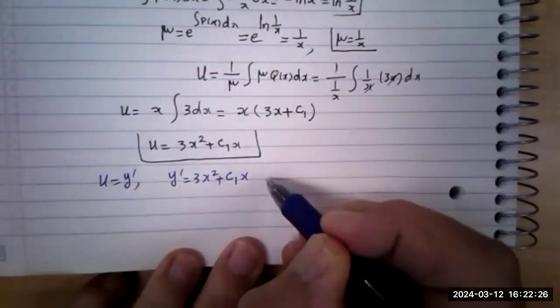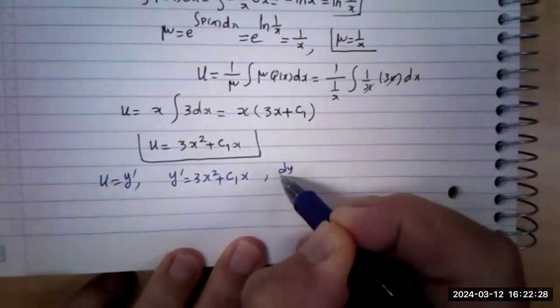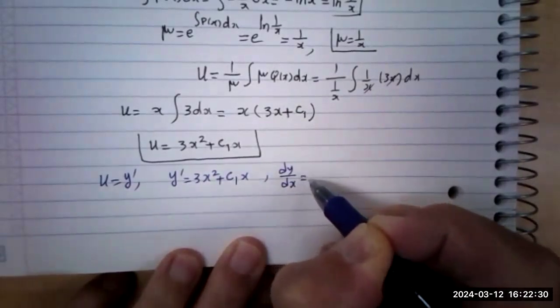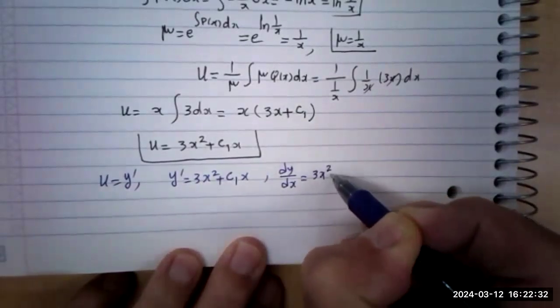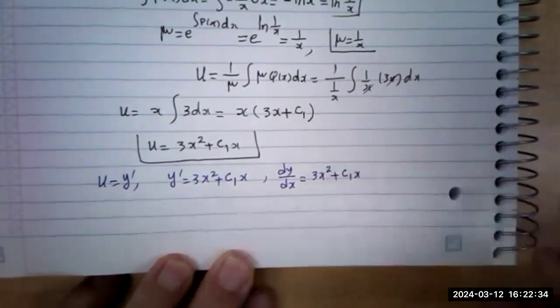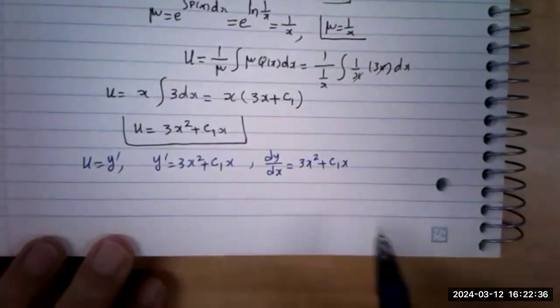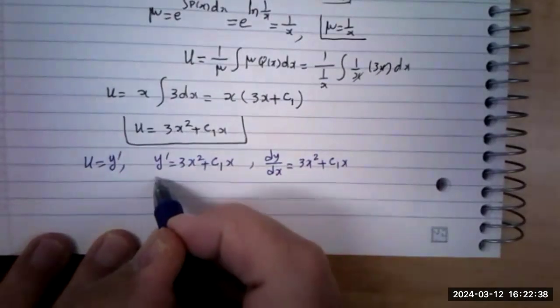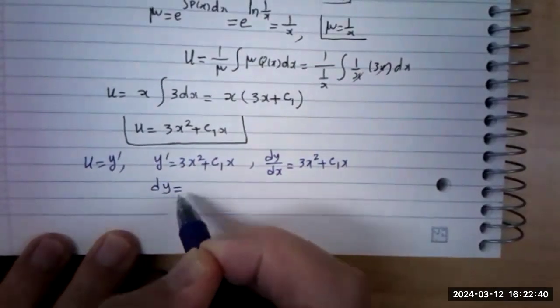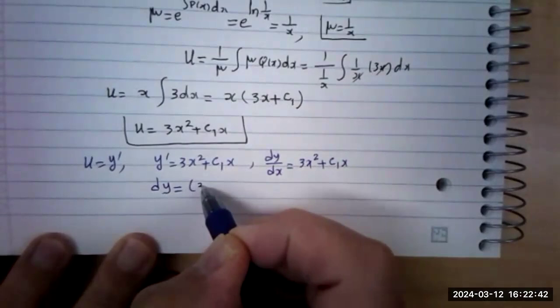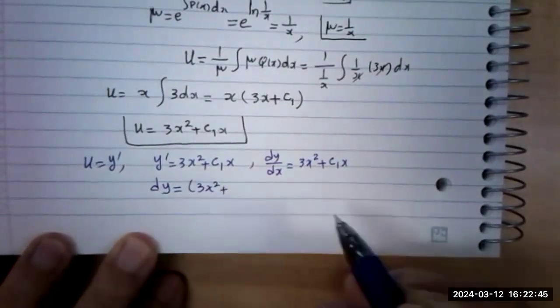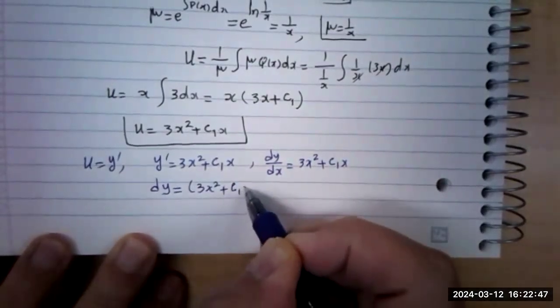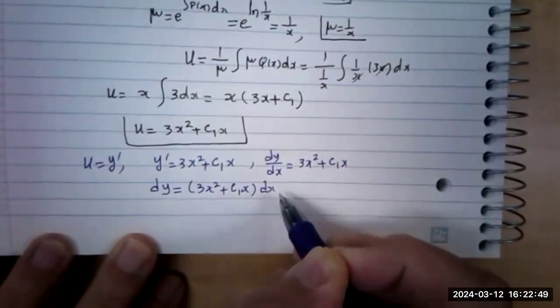Now we're going to change the y prime into dy dx. Cross multiply, that gives you dy equal to 3x squared plus C1 x, times dx.